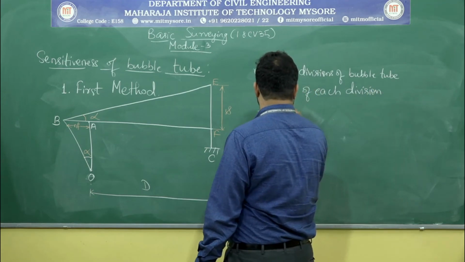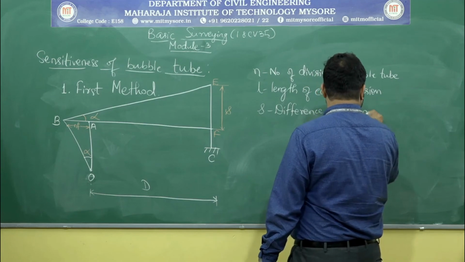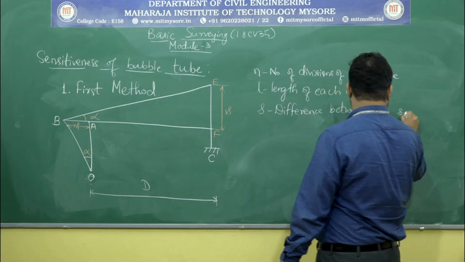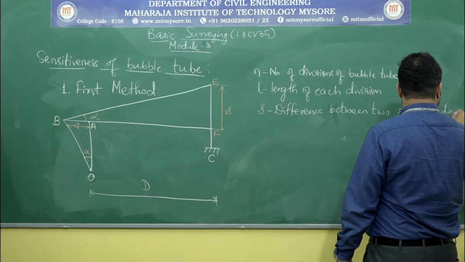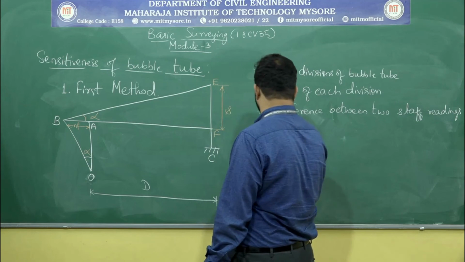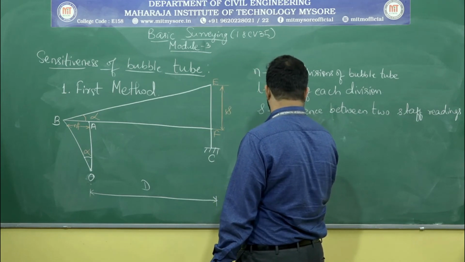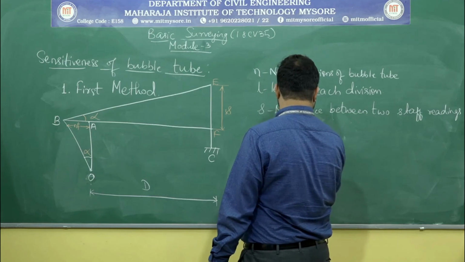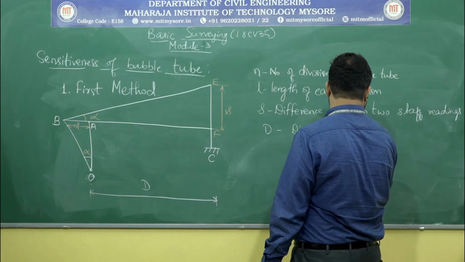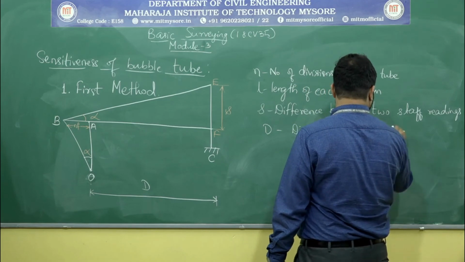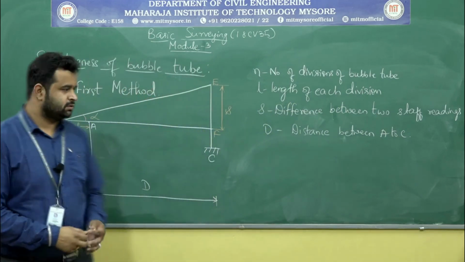S is the difference between two staff readings and this D be distance from A to C. Distance between A to C. Okay.